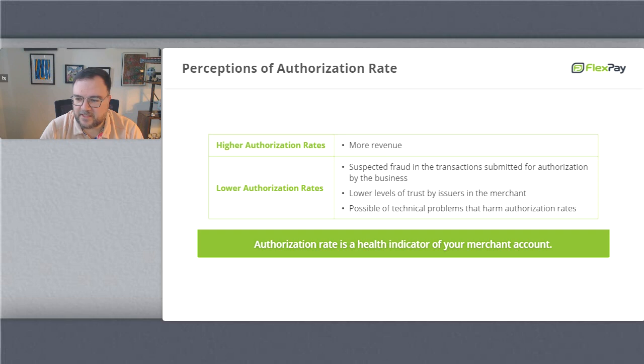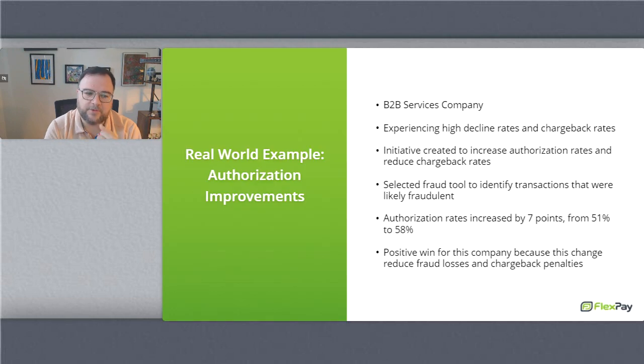So the next slide here is a real world example of an authorization rate improvement. We worked with some merchants that we had. It was a B2B business. They were experiencing a high decline rate and high chargeback rates. We introduced them to a fraud tool. We helped them to understand why their authorization rates were low and what was causing their chargeback rates.